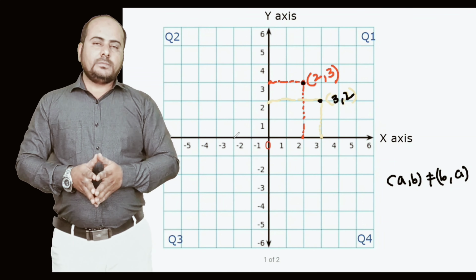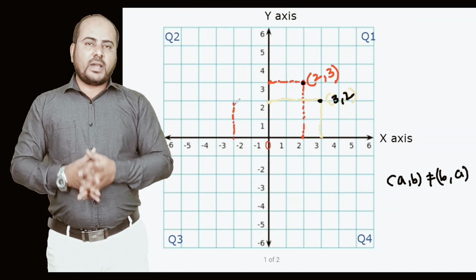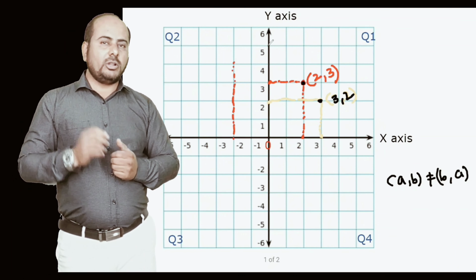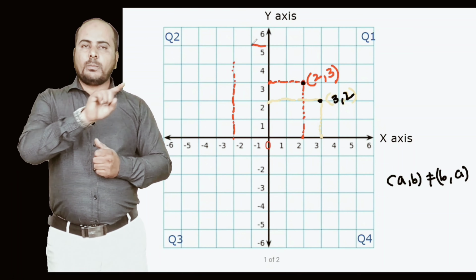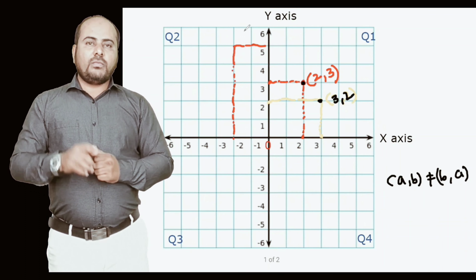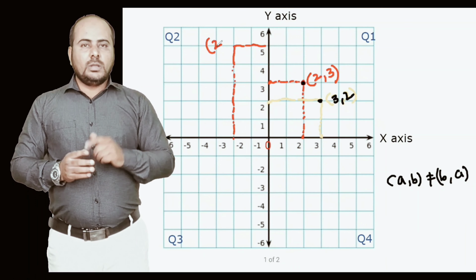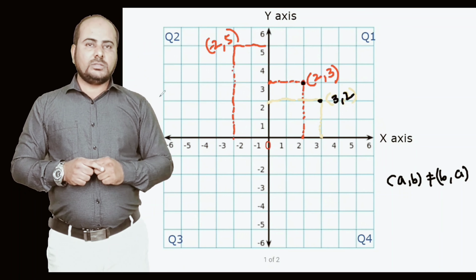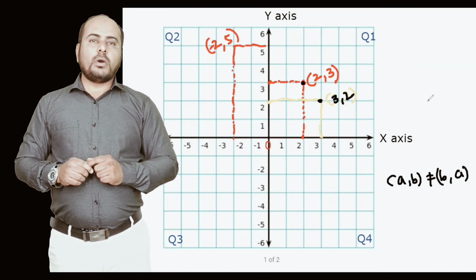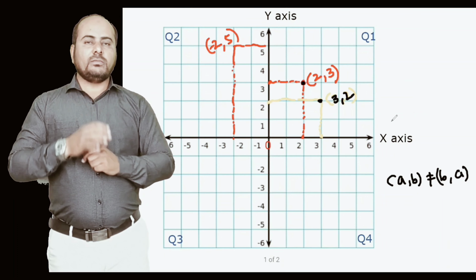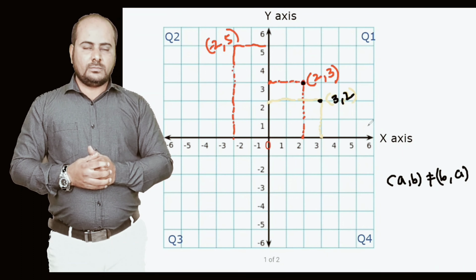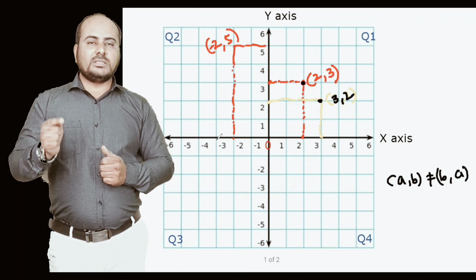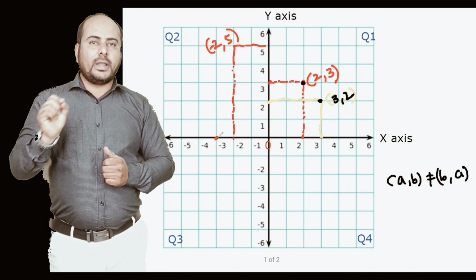Let us see one more point. (-2, 5). So minus 2 is the abscissa, 5 is the ordinate. Minus 2 is represented on the x-axis, 5 is observed on the y-axis. If these two lines join, we get a particular point, that is (-2, 5). So observe, my dear, here (-2, 5) is situated in the second quadrant.